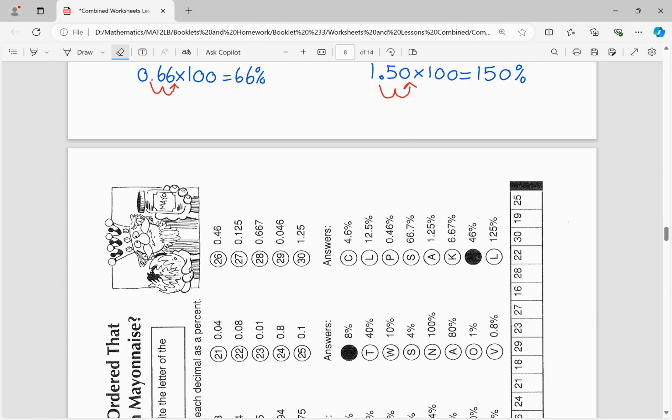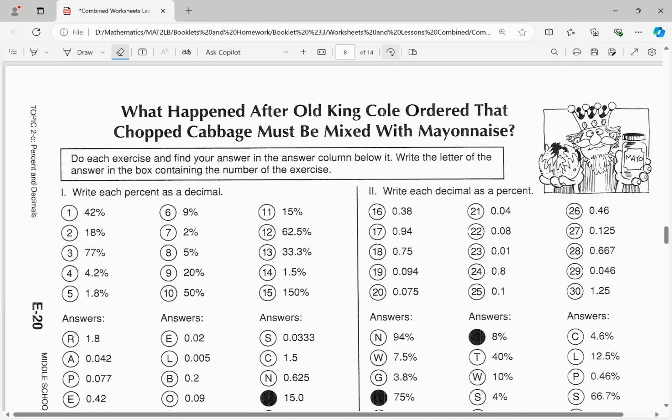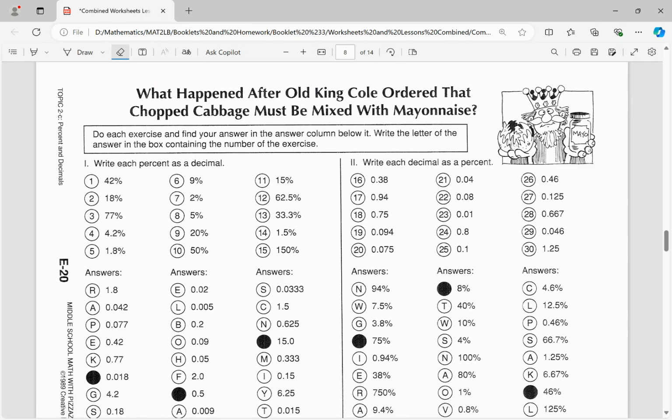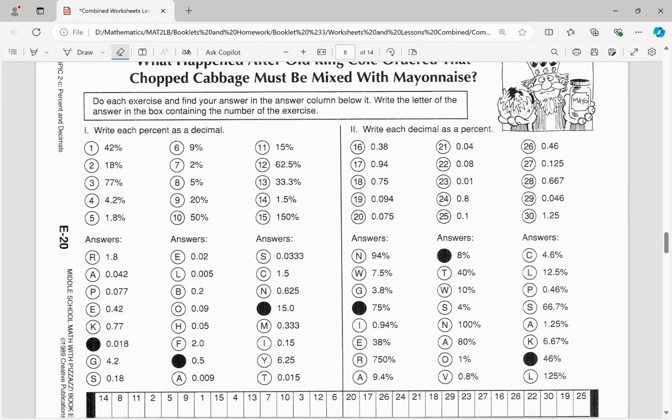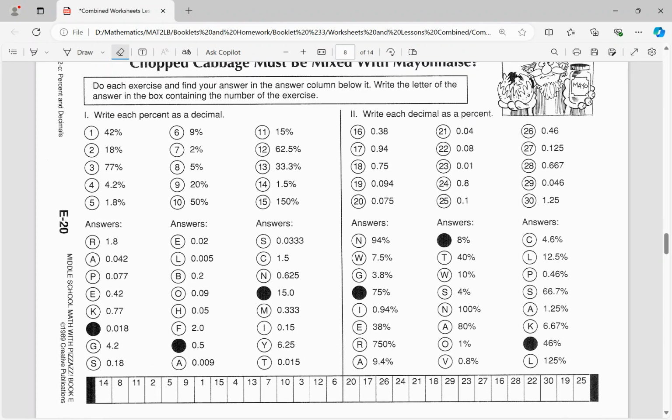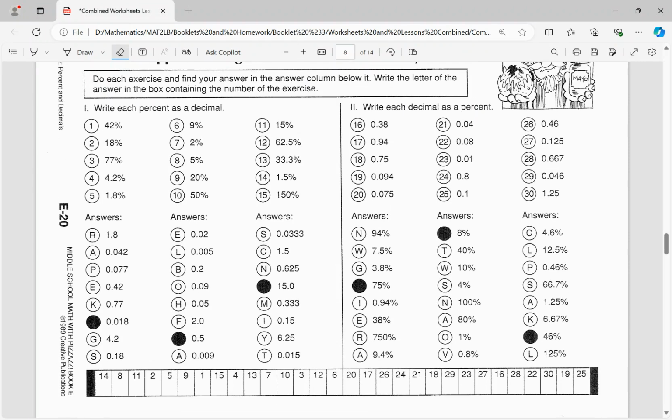All right, now this worksheet for today is a little bit different. The instructions are on the sheet. Complete each exercise and find the answer in the column below it. Write the letter of the answer in the box containing the number of the exercise. What does that mean? So, what you're going to do is solve number 1, right?